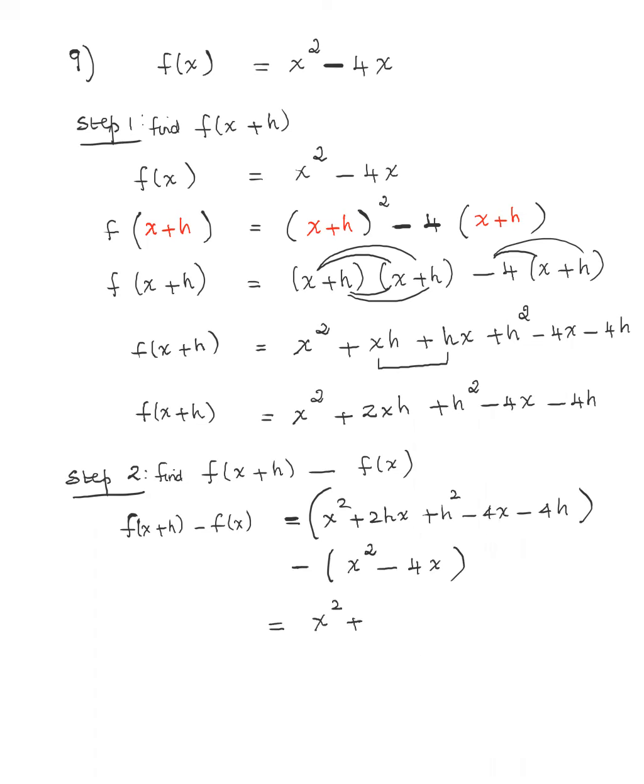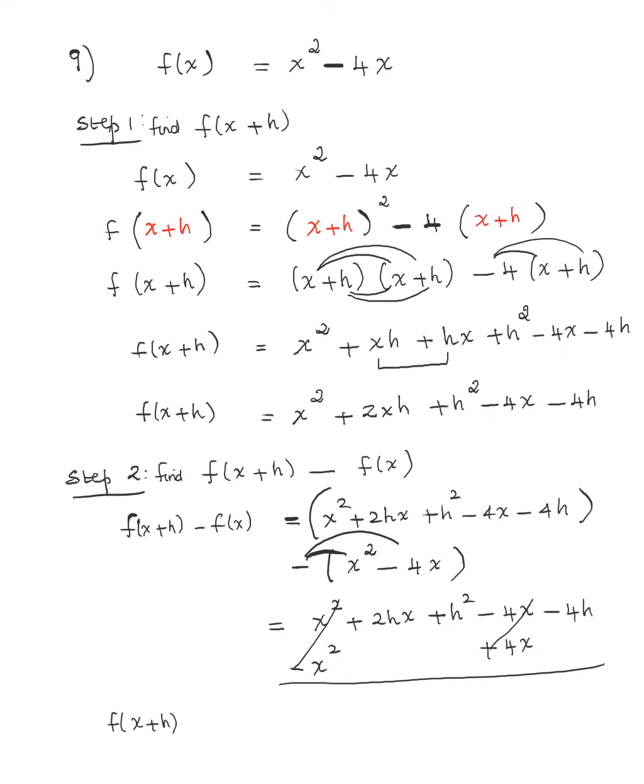Let's remove the brackets now. When you distribute, this is going to be negative x squared and this is going to be positive 4x, minus 4h. I'm aligning the like terms so we can group them. So these cancel. So f of x plus h minus f of x is going to be 2hx plus h squared minus 4h.